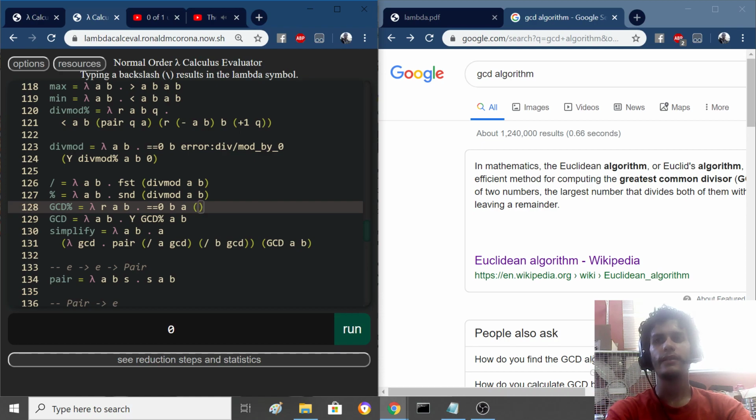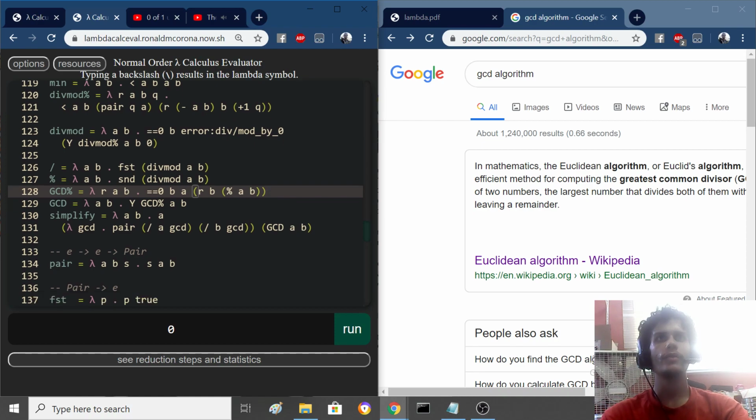If it's not 0, then the GCD is going to be the GCD of B, and then get the modulo of A and B. Alright, so yeah, this should work.